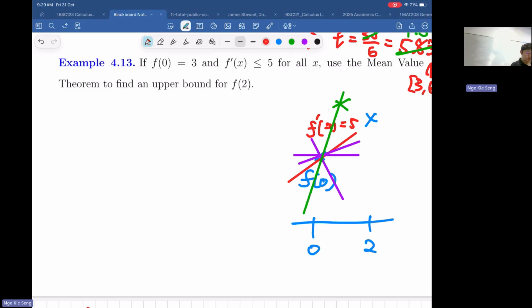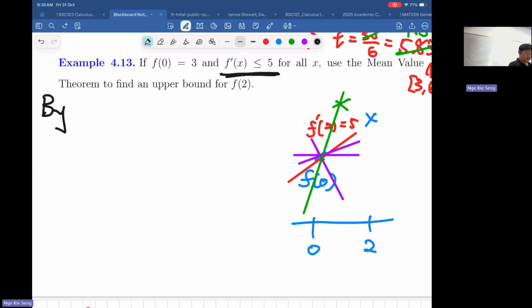I think in this question we should add some additional condition here. Well, I shouldn't say add a condition, but I think from this derivative here, we should infer that this function is continuous and differentiable for all x.